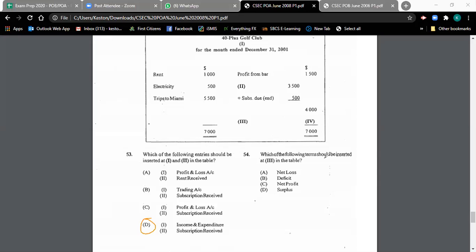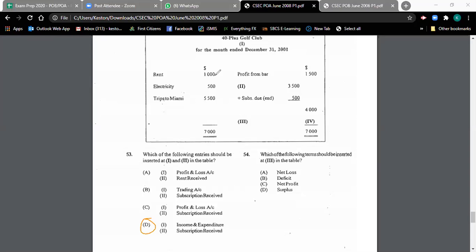54. Which of the following terms should be inserted in the point 3? Do we have a surplus? Yes. Profit from bar, subs.